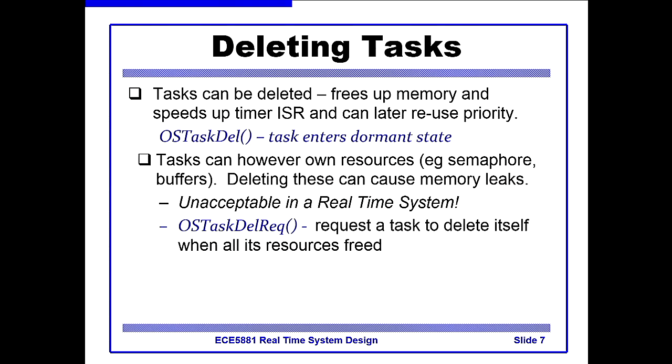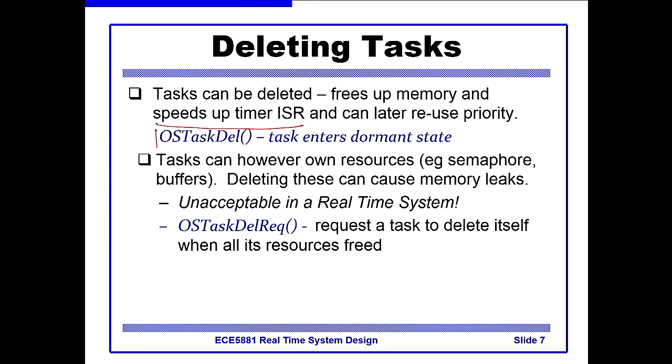Now, one other thing that can happen is you may want to delete a task. So you have the task running and you decide, okay, this task's no longer needed, we delete it, free up the memory. And we can also speed up our timer interrupt service routine because that's dependent on the number of tasks.